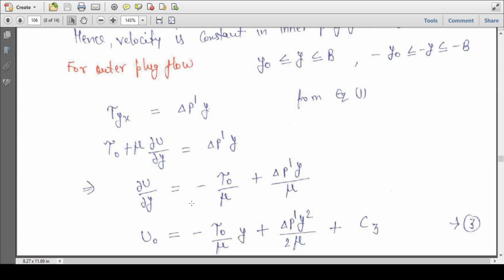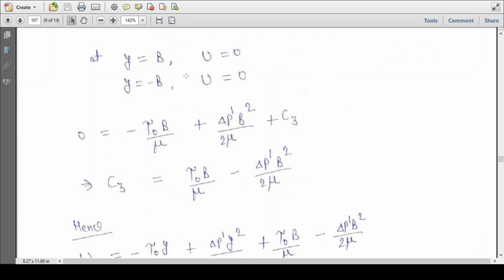This can be integrated here. Upon integration we get u equal to minus tau naught y upon mu plus delta p dash y square upon 2 mu plus c3. So we have to find this constant c3. We have the boundary condition at y equal to b, u equal to 0, at the upper plate, so it is the no slip condition.